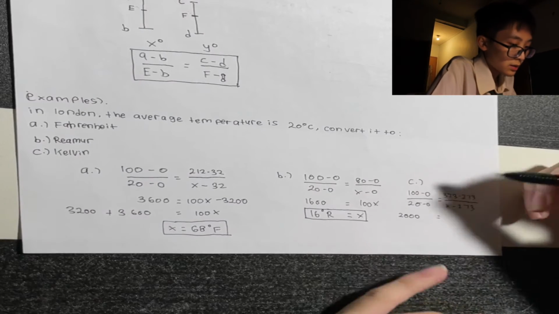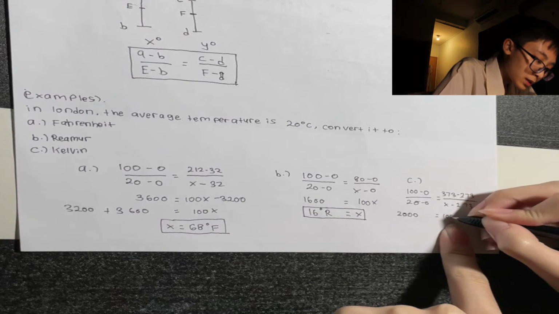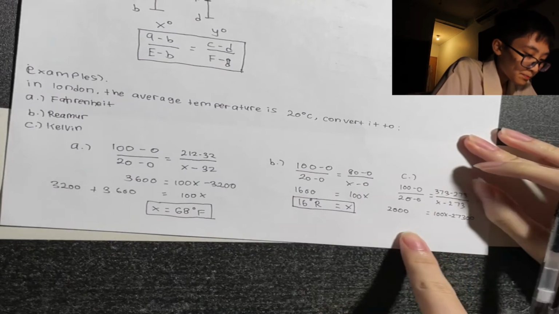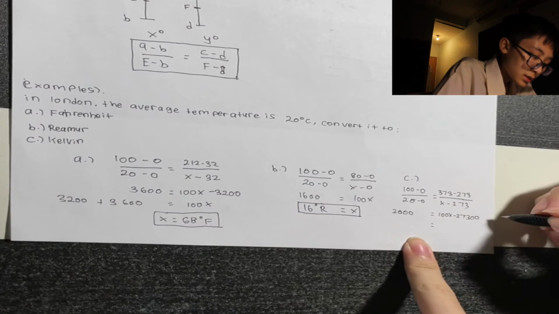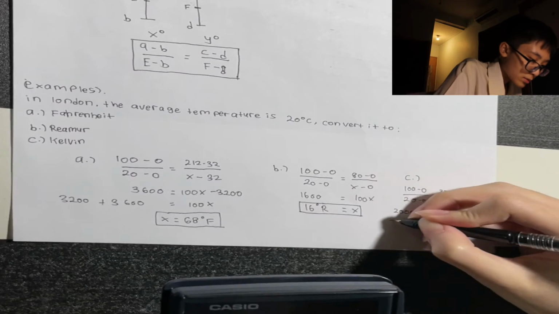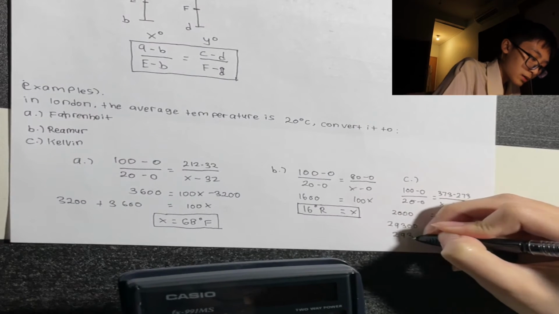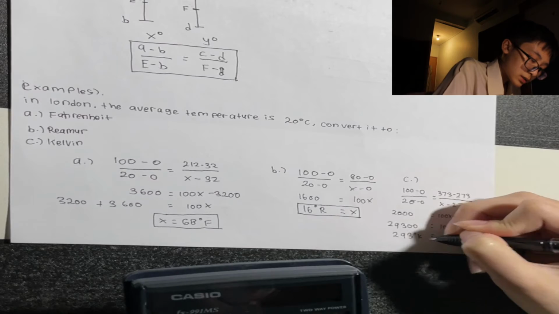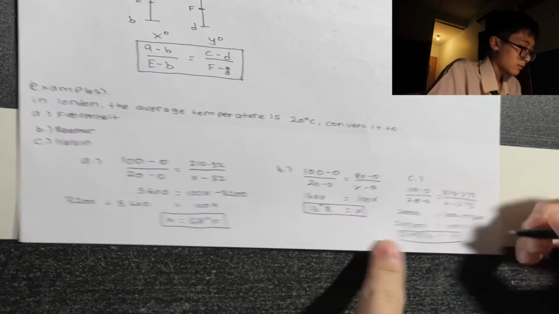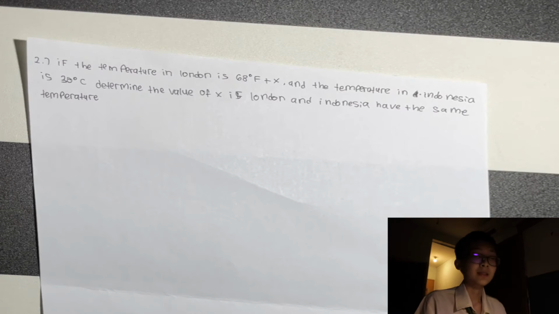This will become 2000 once it's multiplied. This one will become 100x minus 27300. Now we get the final result, 293 degrees Kelvin. Very easy and simple.